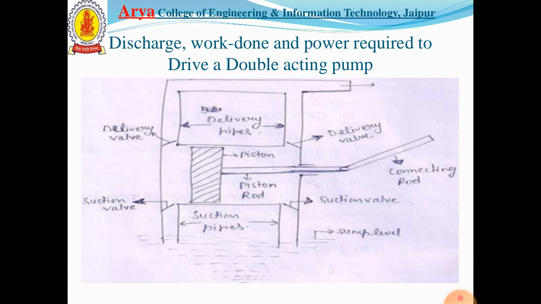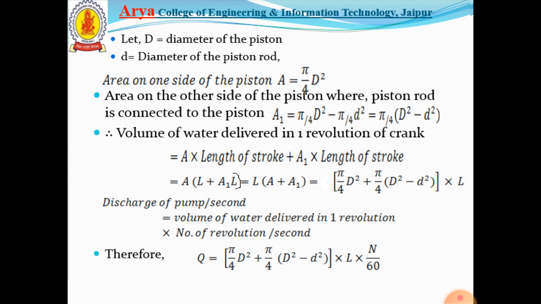Now the calculations. Let capital D be the diameter of the piston, small d the diameter of the piston rod. Then the area of one side of the piston is equal to A, pi by 4 D square. The other side will be equal to pi by 4 D square minus pi by 4 small d square.